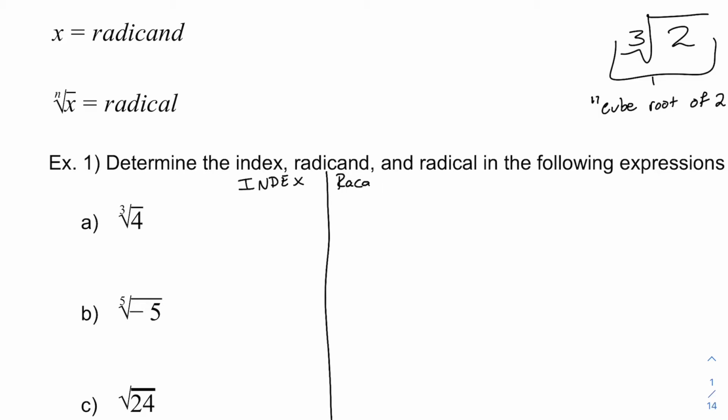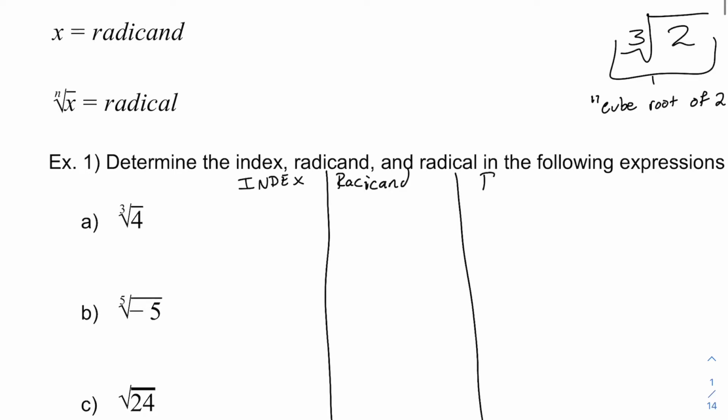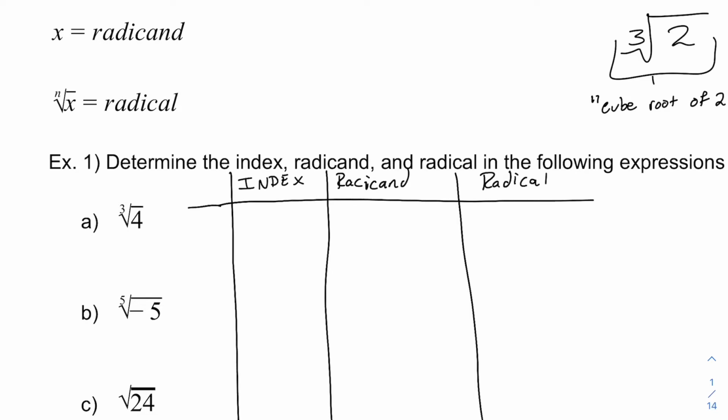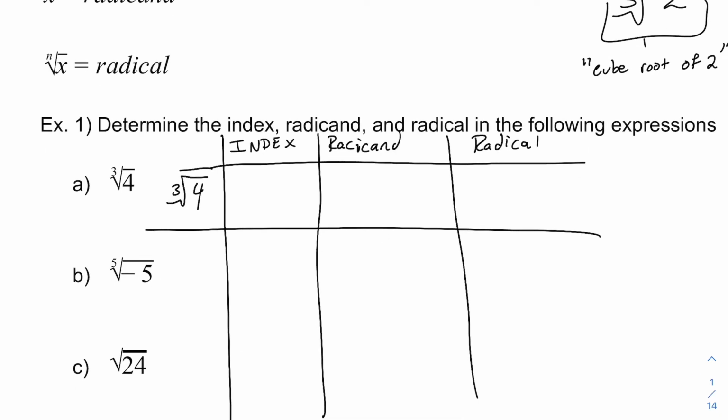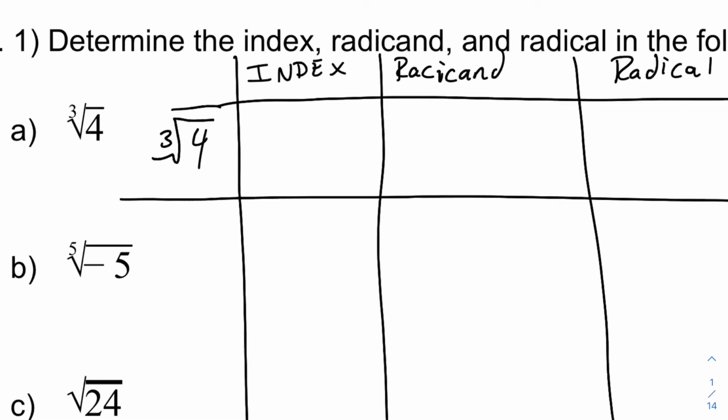This will be the radicand, and this will be the radical. And we will put cube root 4 here, and then section that off. There will be the fifth root of -5, and then the square root of 24.